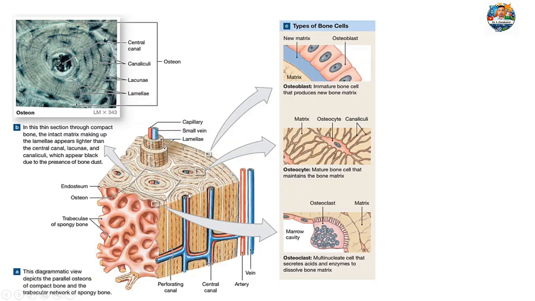As you can see here, this outer layer of the bone, that is periosteum, is formed by an outer layer of osteoblasts, which form new bone matrix, and this new bone matrix gets converted to the mature matrix. Once this osteoblast gets penetrated inside this matrix, it gets differentiated into these osteocytes.